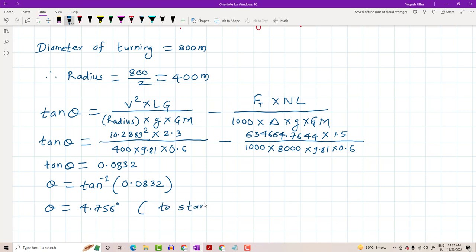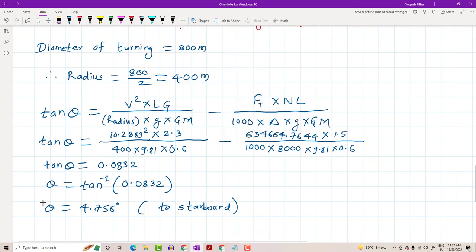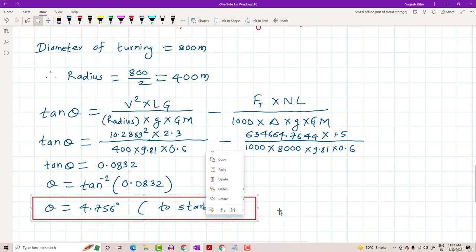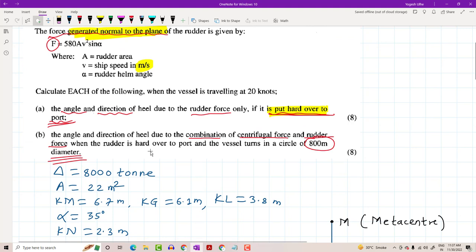And the direction of the angle of heel will be to starboard. Why is it starboard? Just read the part of the question. What did they say about the rudder force? Rudder is put hard over to port, which means the direction of rudder force is in the port direction.